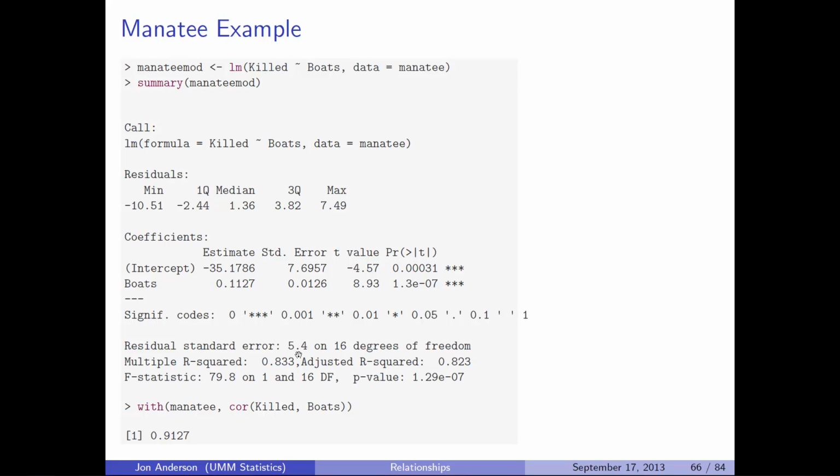Size of a typical residual is about 5.4 manatees killed, and multiple R squared is about 0.833. If you wanted to compute correlation, like I have at the bottom here, with the manatee data frame, the correlation between the number of manatees killed and the number of powerboats is about 0.913, very strong correlation.